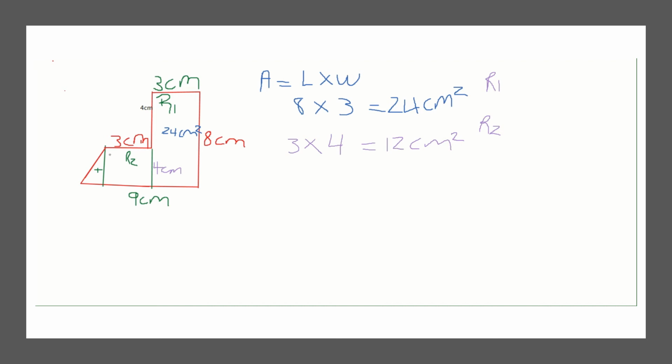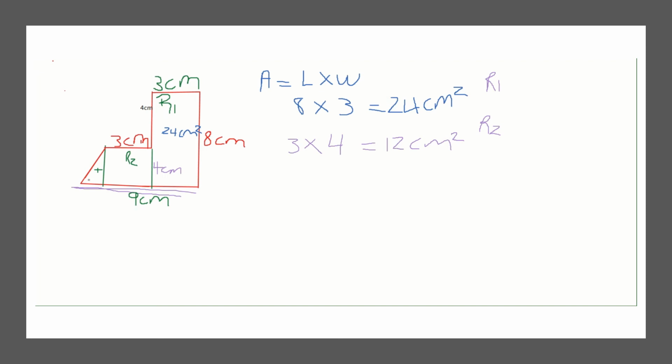We notice that we do not know the measurements of our triangle, but no need to worry, we can find it. The entire section down here is 9 centimeters, and here is 3 and here is 3 centimeters. We can add 3 and 3, that's 6, and we subtract 6 from 9, we're left with 3.